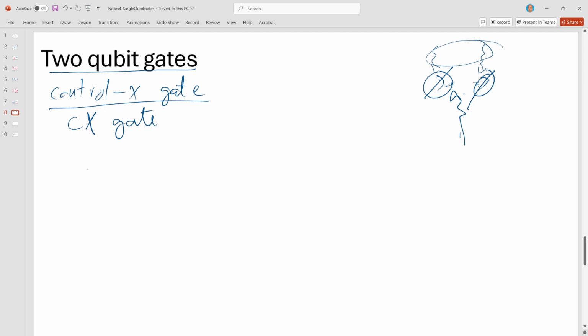So imagine I have 2 qubits. There's this qubit and there's this qubit, and let's say this qubit's name is Q0 and this qubit's name is Q1.